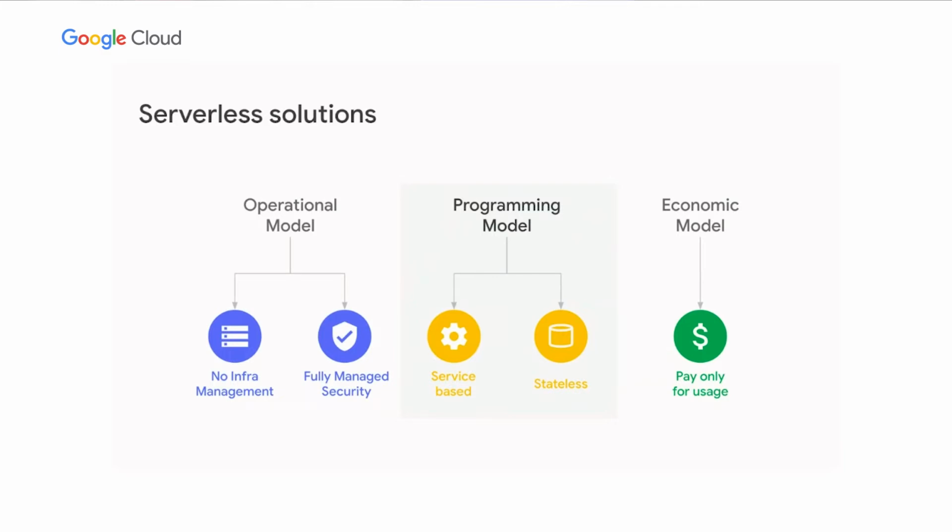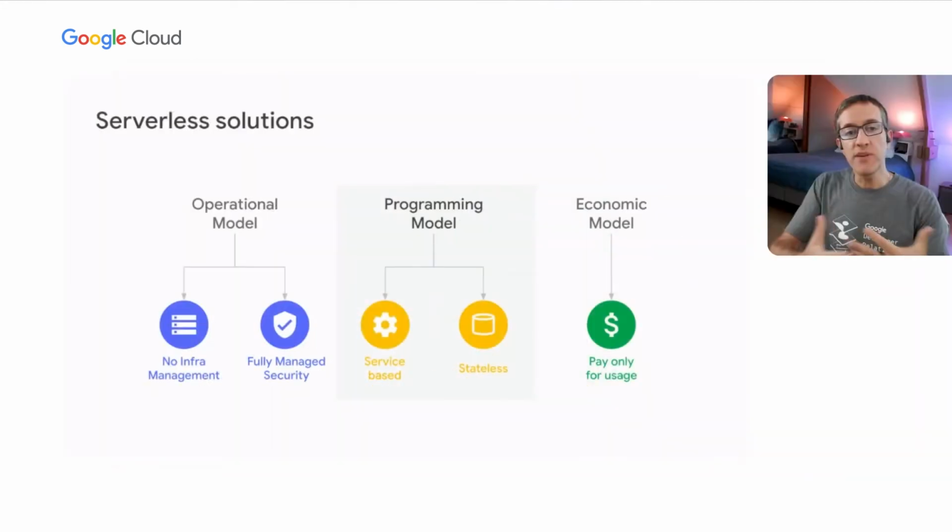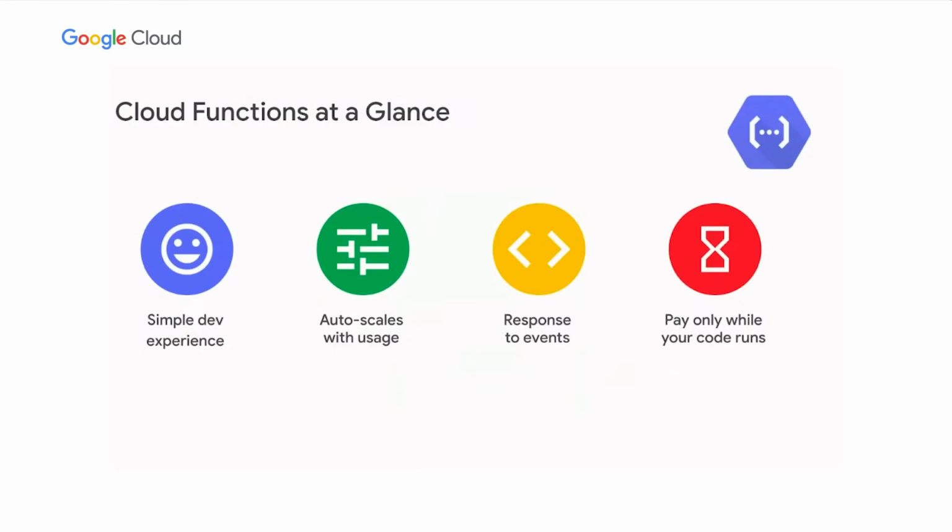Serverless products like Cloud Functions are fully managed environments developers can use to easily deploy and scale their logic without hassle. From a programming model perspective, we usually create stateless services-based architectures, which scale more simply. And last but not least, since the scaling is handled by the platform for you, we also apply a pay only for usage pricing model where you pay really proportional to the actual usage of your application.